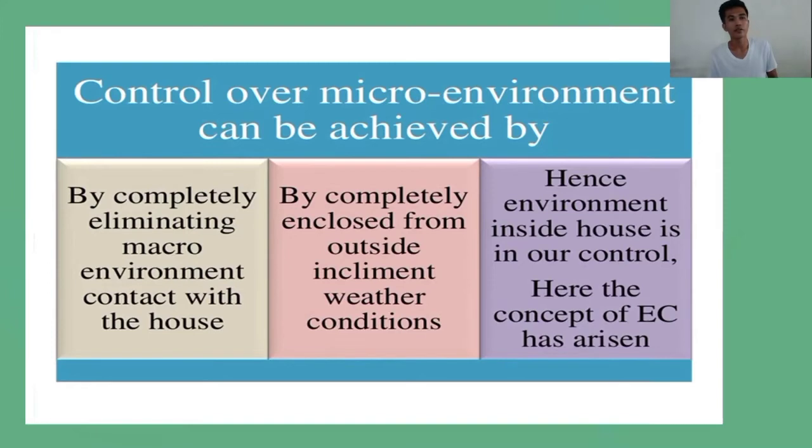Control over the microenvironment can be achieved first by completely eliminating macroenvironment contact with the house, second by completely enclosing it from outside inclement weather conditions, and lastly, the environment inside the house is then in our control. Here, the concept of environmentally controlled housing has arisen.